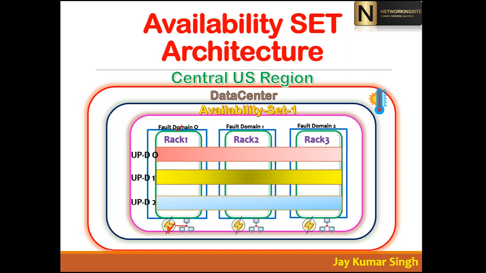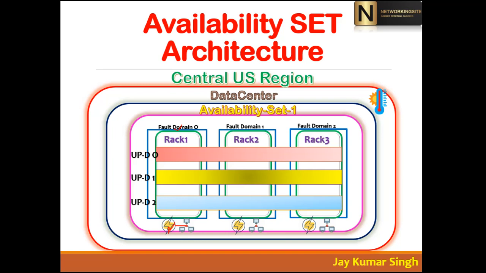Here we are taking an example of 3 fault domains and 3 update domains. While configuring these availability sets, you will get the option to create fault domains and update domains.